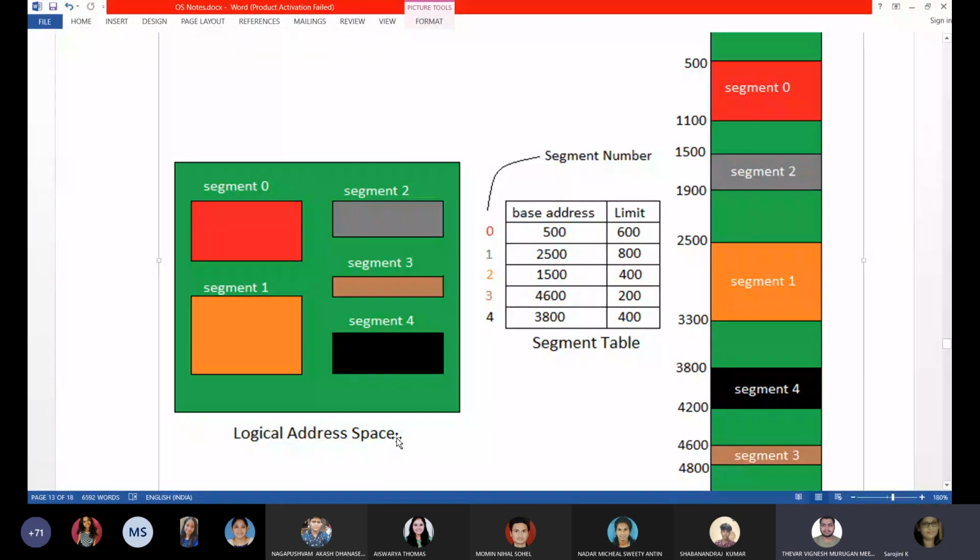Assume that in paging there are 5 pages, and they are fixed size, the same size. The program is split into pages 0 to 4, that means 5 pages. The last page will hold the last portion of the single program, and we can't fill the entire page with it.